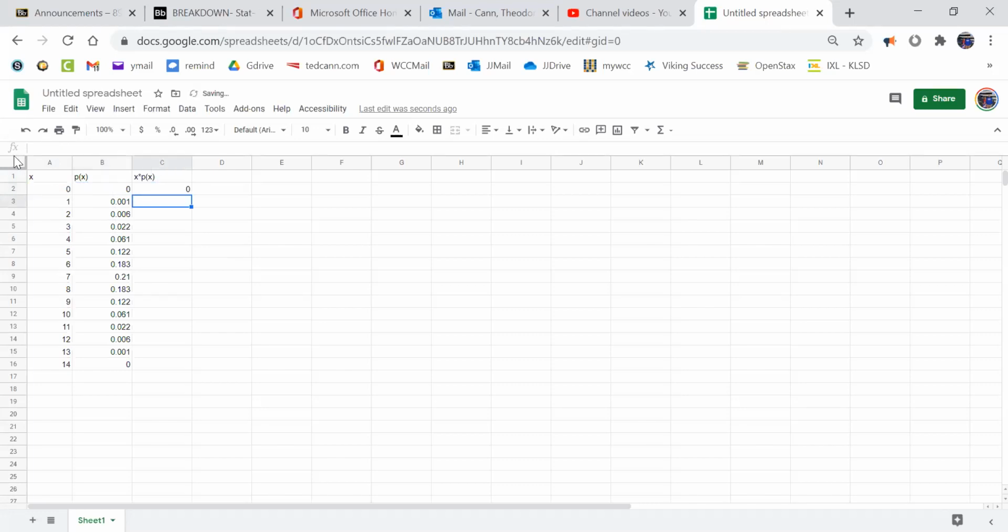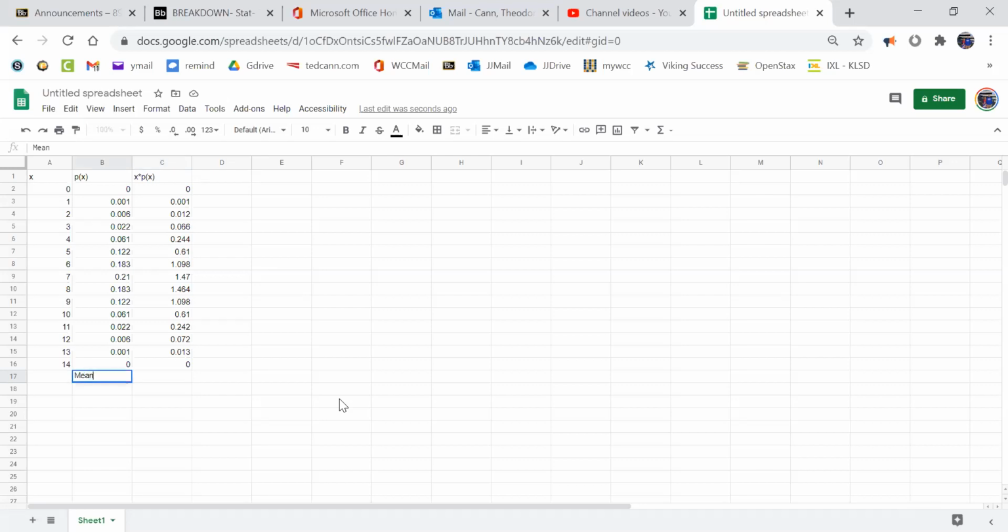And then when you hit enter, you get that product. And then you can just drag it on down the line. I think in the end, instead of looking for different functions in Google Sheets or Excel, this ends up being the better way, because we have the formulas, we had them on the previous page. It's really just a matter of manufacturing a spreadsheet to make this all play out that way.